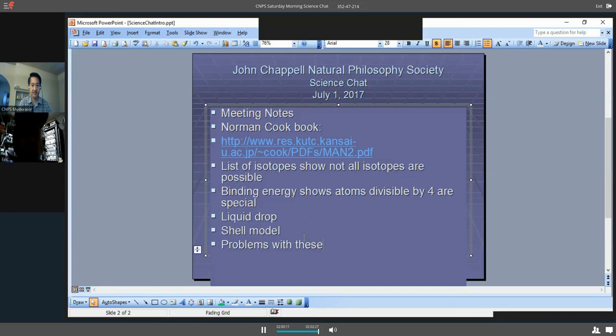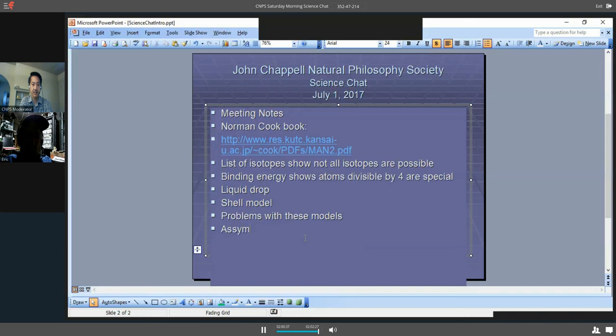The shell model says that basically the particles don't strongly interact with each other, but the liquid drop says that all the particles strongly interact with each other. So those are two things which are fundamentally incompatible and together cannot explain all the observable data.